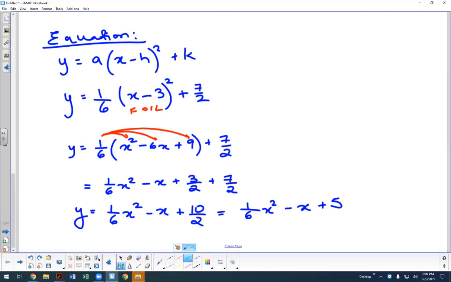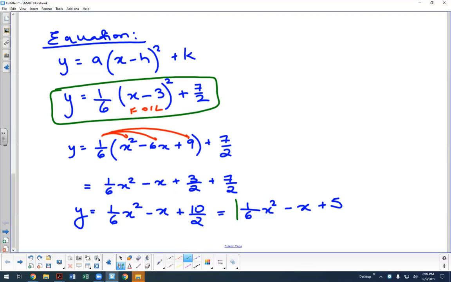So depending on what your instructions are, you can have your equation in this form, but if they say specifically standard form, that's your standard form. Okay, so you just kind of follow the instructions. Obviously, if they want it in this one, then you're done. You don't have to worry about cleaning it up, right?